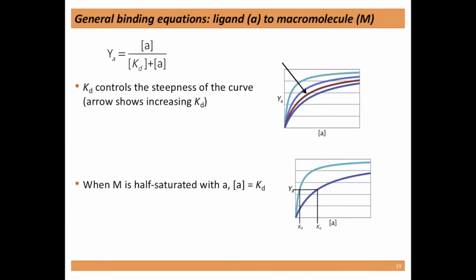So we can look at this model here. And again, what we've done is we're looking at the fractional saturation and the concentration of A. And so that just means the variable would be the dissociation constant. So as we increase our dissociation constant, you can see that we actually change the curve here.